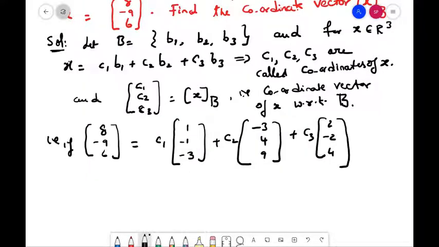If this is done, then you have to find C1, C2, C3.